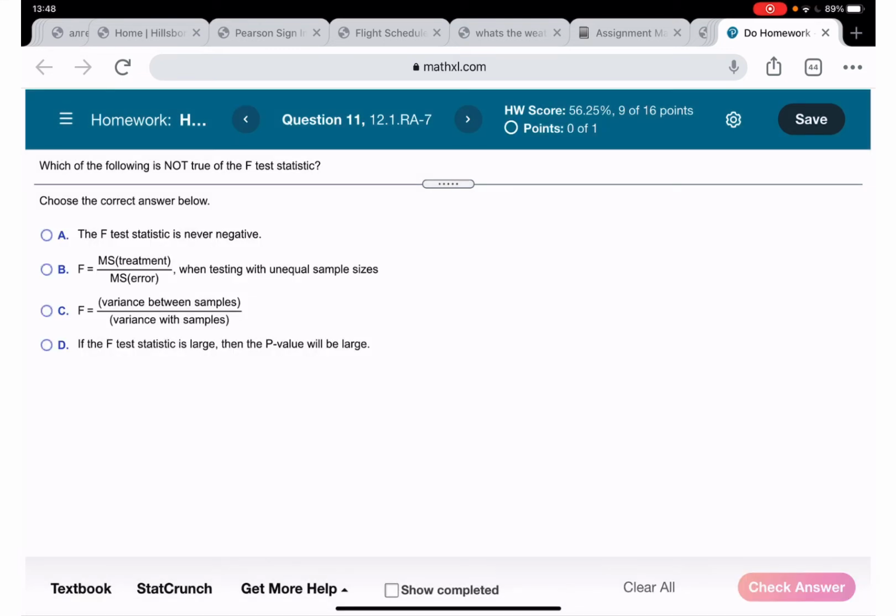Next question. So what do we have here? Which of the following is not true of the F-test statistic? All right, so about the F-test statistic, we need to catch the lie, shortly saying.